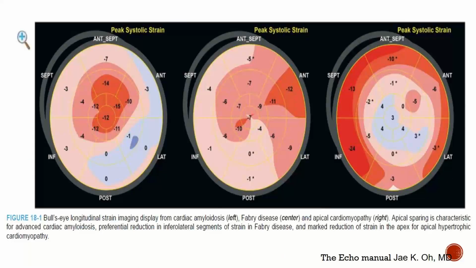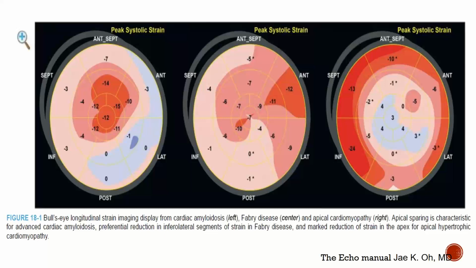This is the strain pattern difference between three examples. The first is what we have seen before, amyloidosis with the apical sparing pattern. In Fabry disease, we see a characteristic preferential reduction in the infralateral segment.